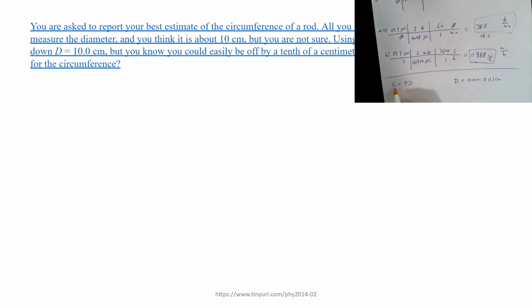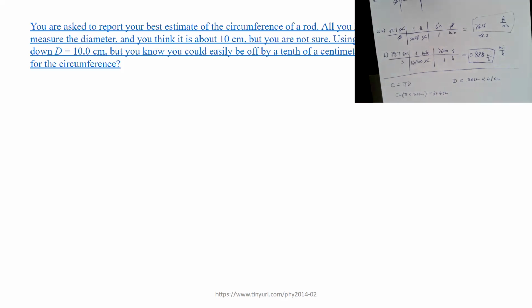Now, you can calculate the circumference. When you are calculating it, you take the 10 into the equation. You don't take the uncertainty in there right now, you can do it later. So you do pi times 10 centimeter, which tells you 31.4 centimeter. But you still want to report your uncertainty. To report your uncertainty, you do the same here.